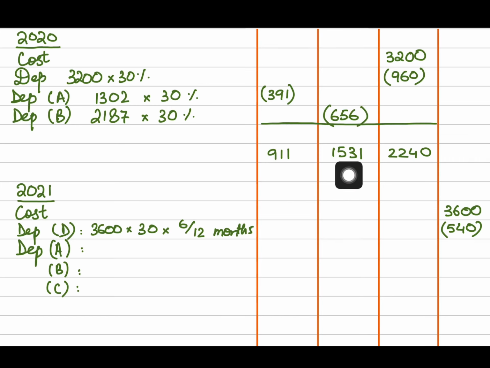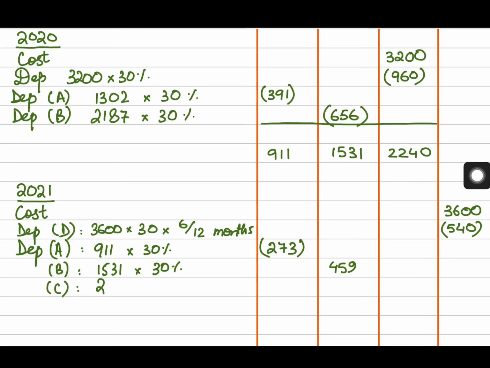So for A, the net book value was 911, multiplied by 30% would give a depreciation of 273, right? For machinery B, 1531 multiplied by 30% for full year, and that would give us a value of 459. And for machinery C, the net book value was 2240. Now we'll be charging depreciation for full 12 months. This means that the value would be 672, right? Machinery A in this column, machinery B in the second column, machinery C in the third column, and machinery D in the last column.